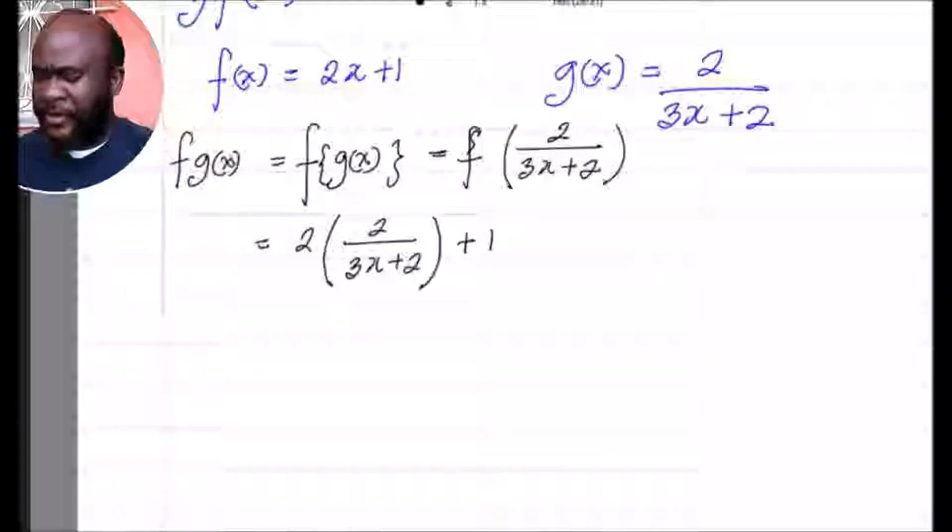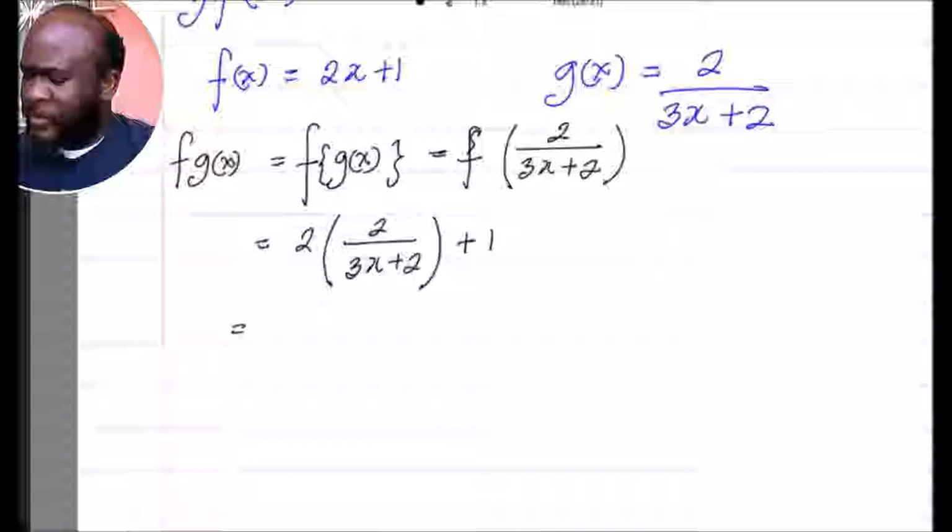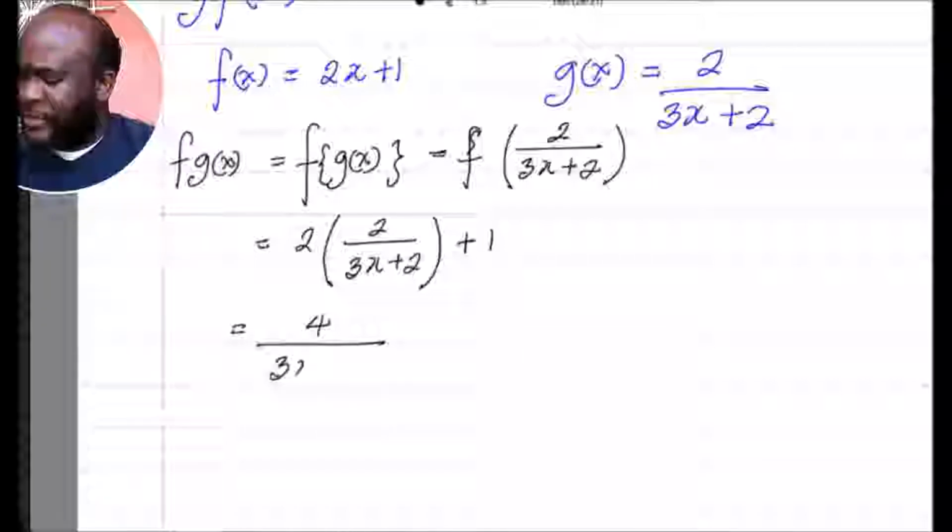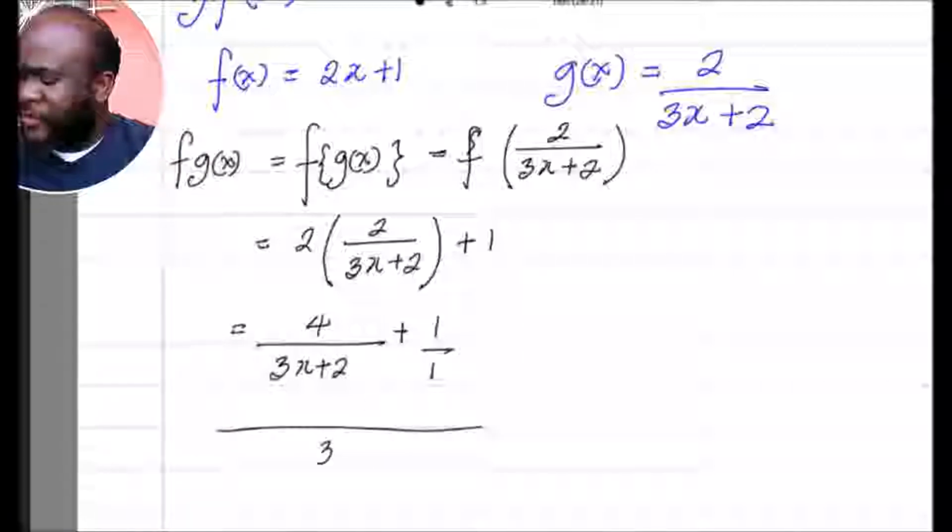So let's simplify. This becomes 2 times 2, which is what? 4 over 3x plus 2, plus 1. Put this over 1. The LCM is 3x plus 2. So now 3x plus 2 into 3x plus 2 is 1. 1 times 4 is 4.